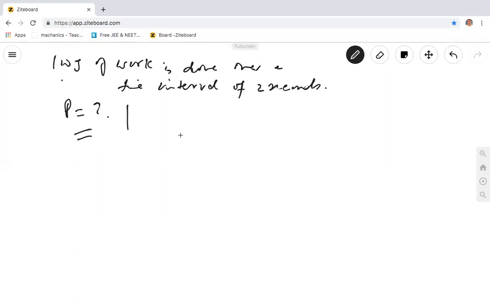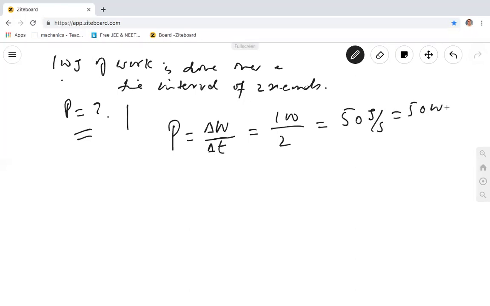Power is nothing but W by T. We prefer to write delta W by delta T, right? But your book writes W by T. Delta W is 100 joules, and time is 2 seconds. It is 50 joule per second. That's 50 watt. Easy, no?